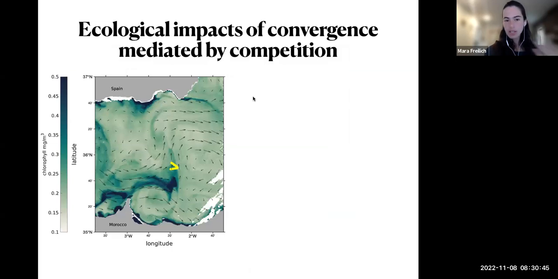And I don't have time to talk in detail about ecological impacts, but this is the topic of some of my other recent work, where we showed what happens if you transport biological material down to those scales.